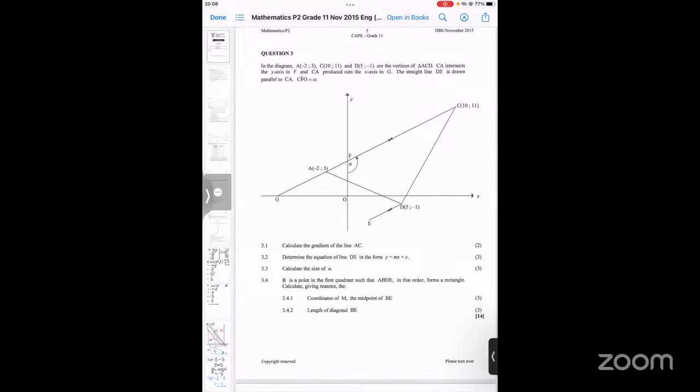It should be an easy one. We will do those that need discussion via inbox. So calculate the gradient of line AC. Once you get the answer, comment in the comment section and let me know the value of the gradient of line AC.